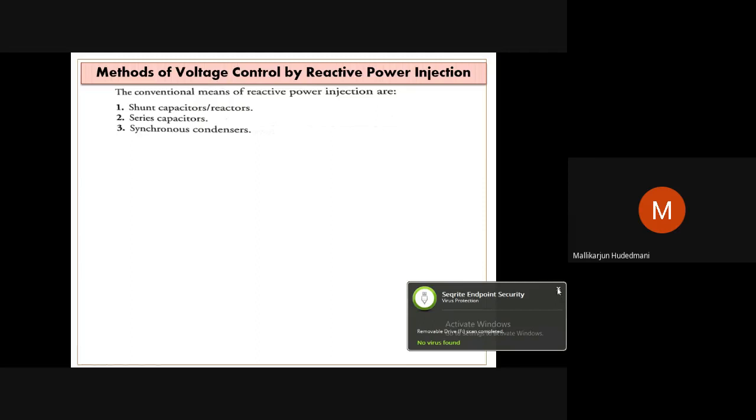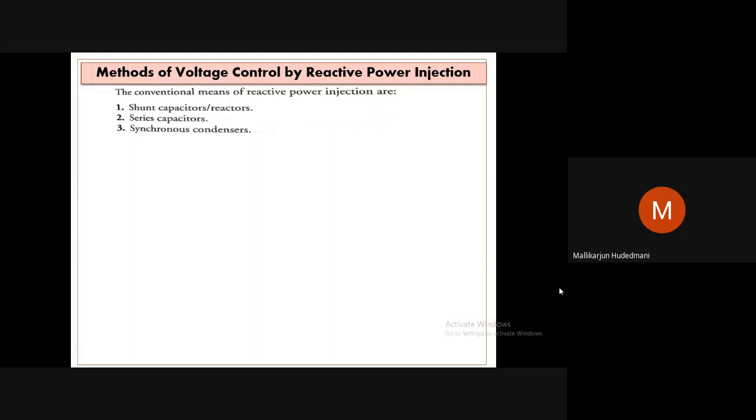In line with that, how is the voltage profile of the system managed by incorporating reactive power management? Having injected or managed it suitably by switching action, how is voltage appropriately maintained within the specified limits?